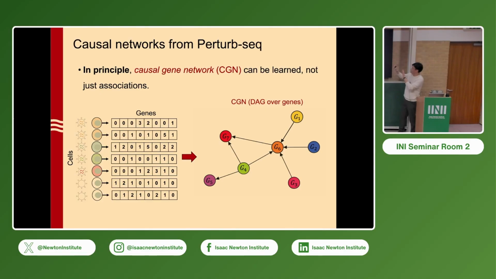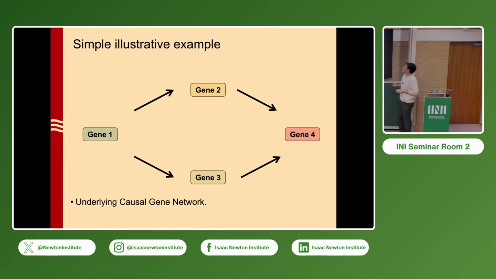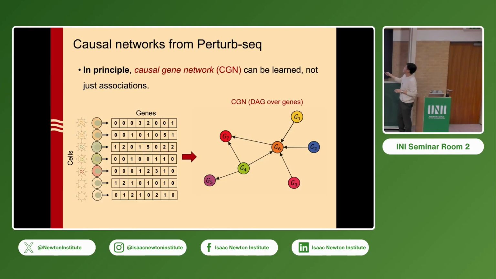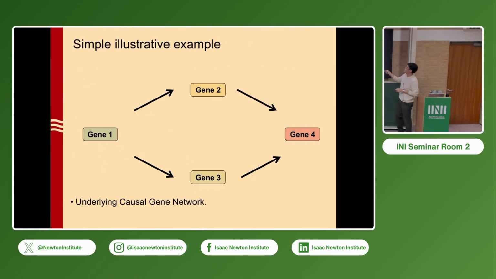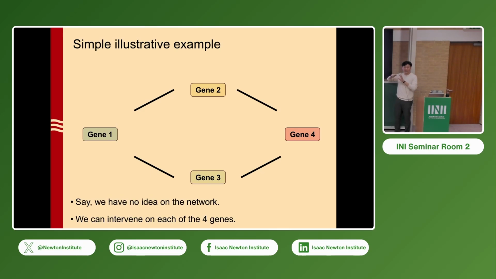So in principle, we can learn the DAG over genes. To showcase how this happens, I want to give a very simple illustrative example with only 4 genes, where each node corresponds to the expression level of a particular gene. Let's say this is the underlying DAG, and we have no idea about the network.